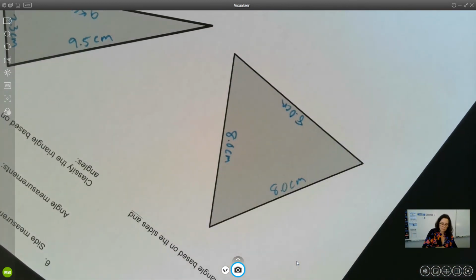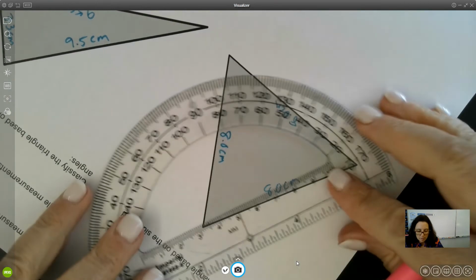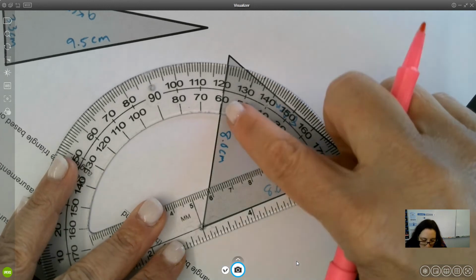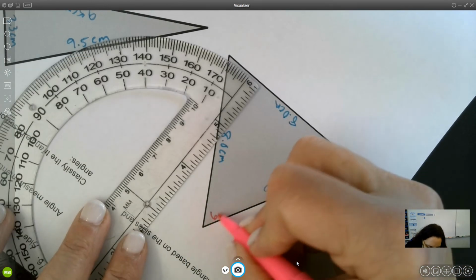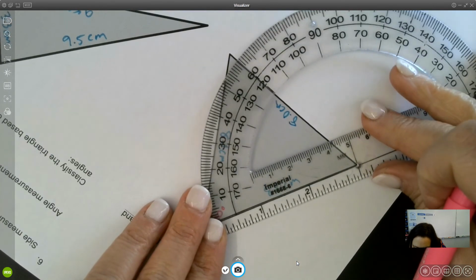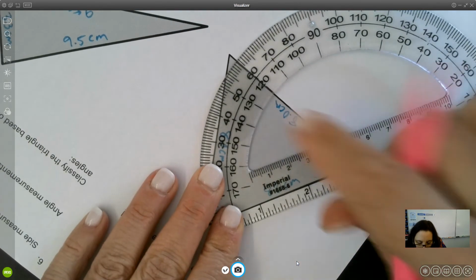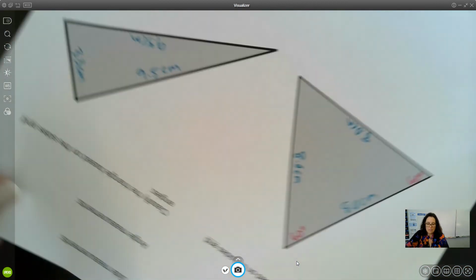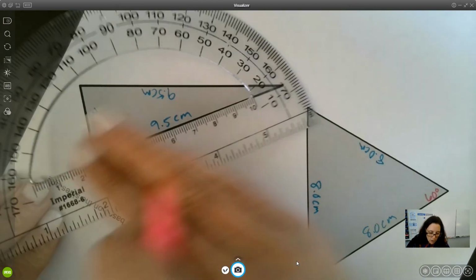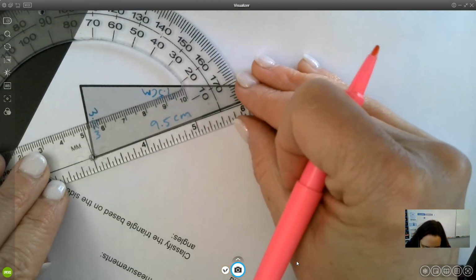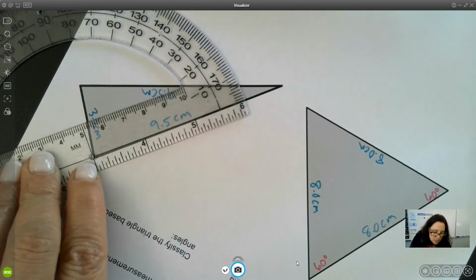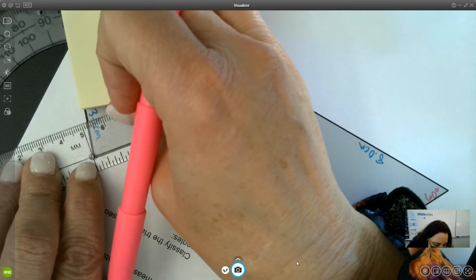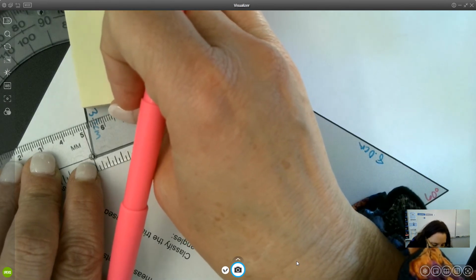Let me get my pink pen for my angle measurements. 60 degrees is what this one is. 60 degrees is what this one is. Let me do these while the paper's still rotated properly. I'm going to need something to extend that. It's right about 82.